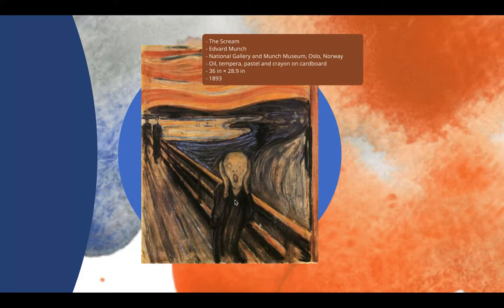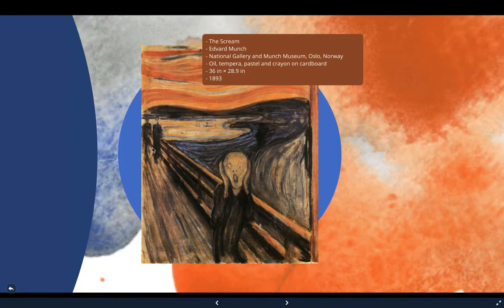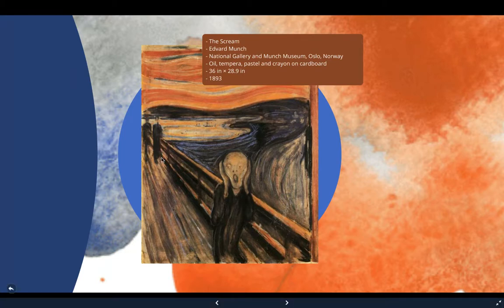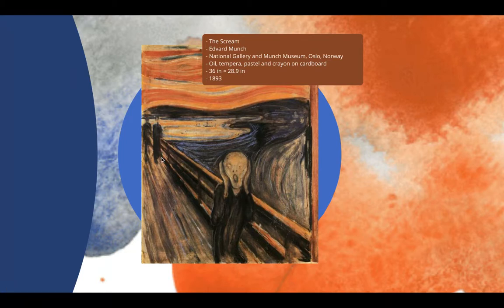He's wearing a dark garment, and it looks as though he's standing on a dock or a pier. Walking away from him in the opposite direction are 2 figures, also on the dock and the pier, and who are also dressed in dark garments.